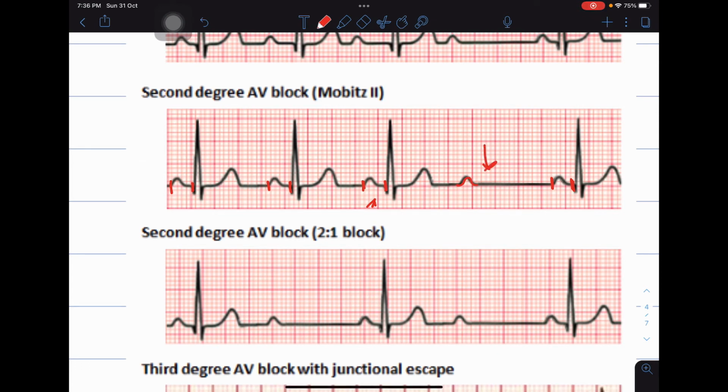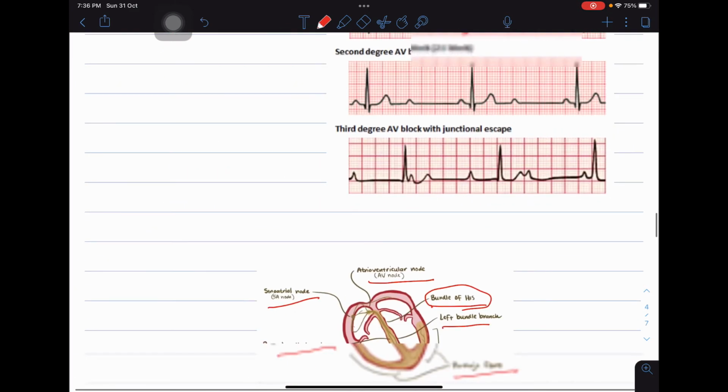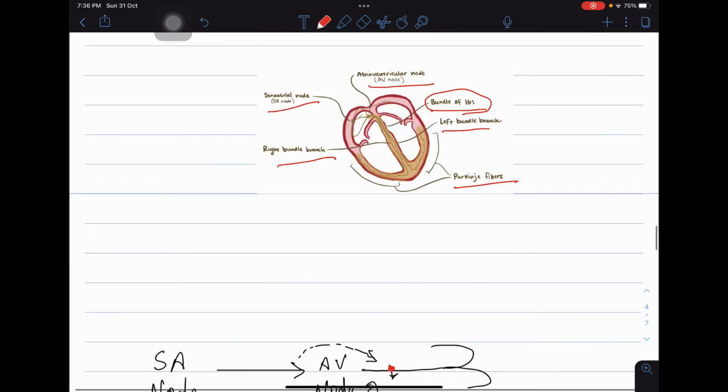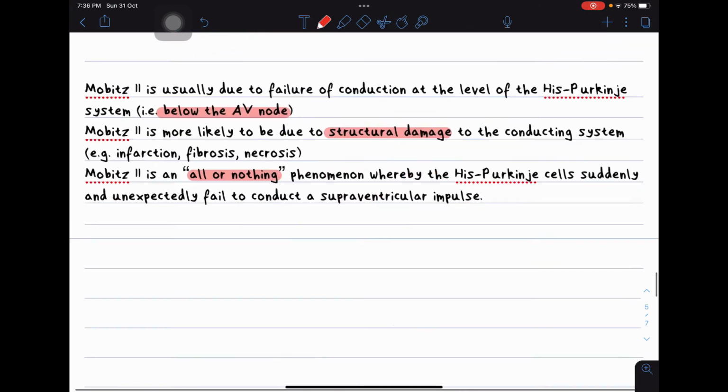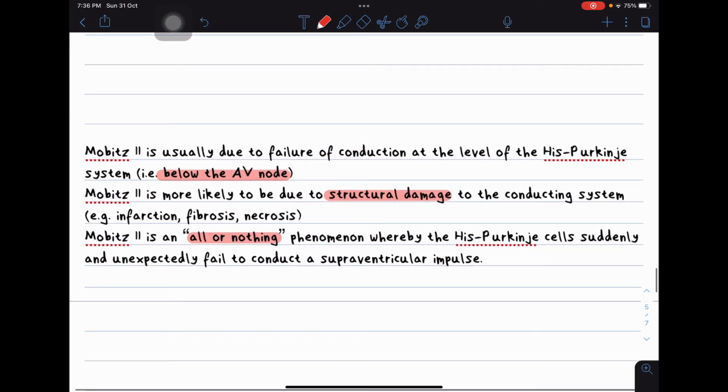So over here, there is a missed beat, and that is because there is a conducting problem, that all or nothing phenomenon whereby the Purkinje cells suddenly or unexpectedly fail to conduct the impulse.